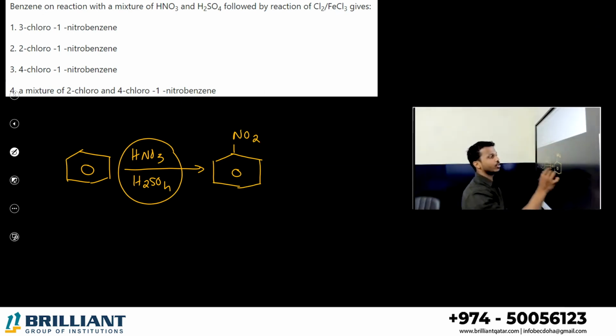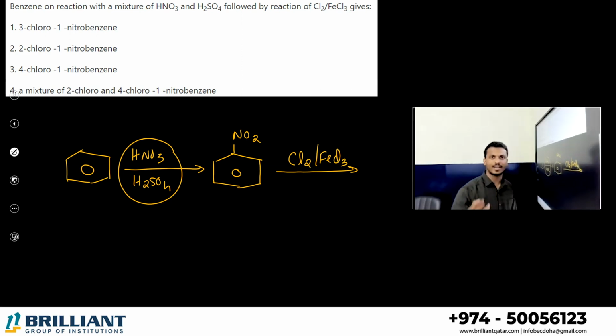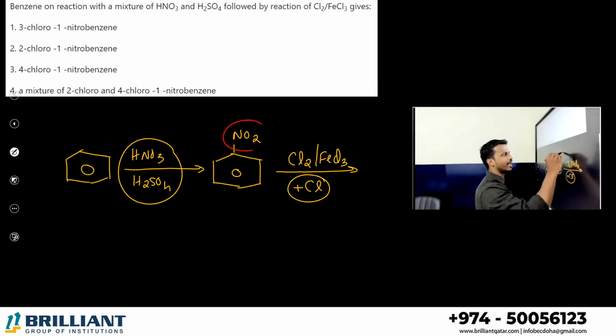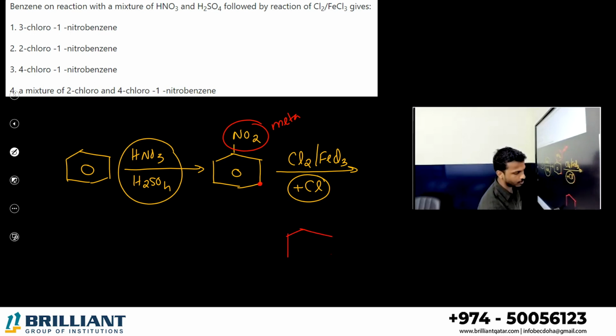Followed by reaction of chlorine in presence of FeCl3. You know, chlorine in presence of catalyst means electrophilic substitution reaction. What is the upcoming electrophile? Cl+. Where can it attack? That depends on the nitro group, because the nitro group is now the king of that compound. He will decide where the chlorine has to attack. We studied that the nitro group is a strong meta-directing group. It directs the upcoming chlorine into the meta position. So nitro group here, chlorine here.